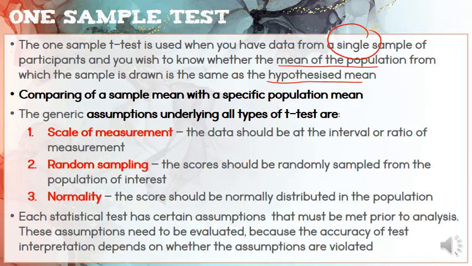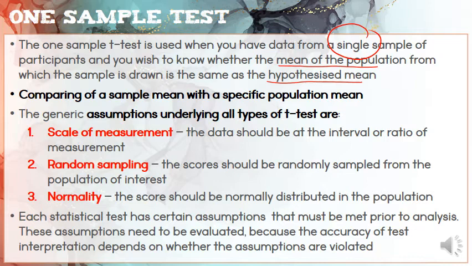The generic assumption, okay, underlying all type of t-test, okay, there are 3 assumption that must be met, okay, untuk t-test ni. Pertama sekali, the scale of measurement, okay, the data should be at least interval scale of measurement. So bila kata at least interval, then dia boleh jadi interval atau ratio scale measurement. Yang kedua, random sampling.